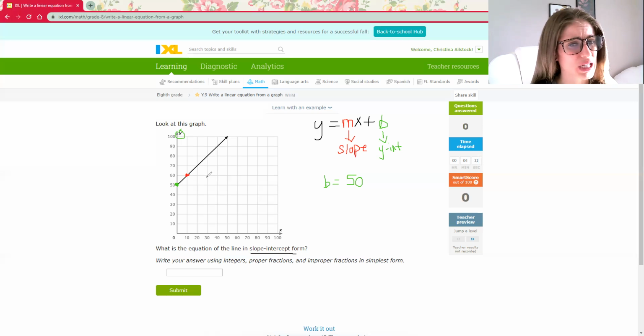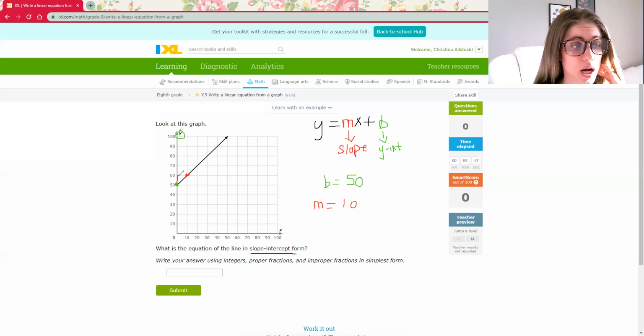It kind of looks like it's just up 1 over 1, but don't get tricked by that, because is your graph counting by ones? No, your graph is going up by tens, which means when you do your rise over run, you need to count by tens. So we go up 1 space, but that's really a rise of 10.